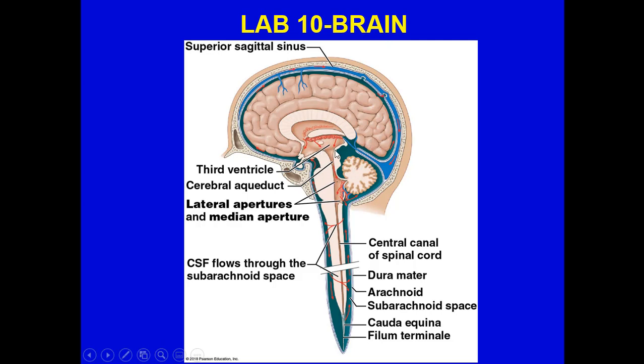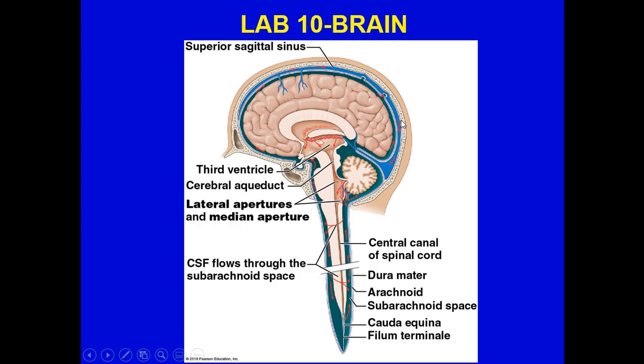Then it empties into this very interesting little cerebral aqueduct, and then comes and forms the fourth ventricle. Now, the fourth has several apertures or outlets. The lateral ones on the side, the medial one in the middle, and basically you're going to have cerebral spinal fluid circulate around and then up.